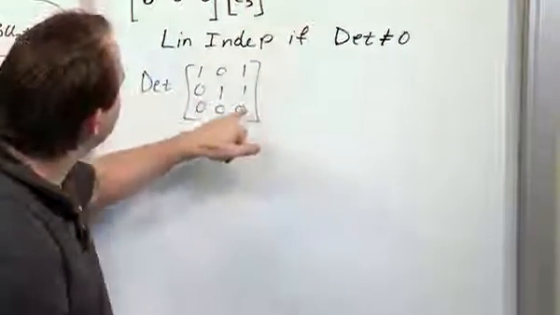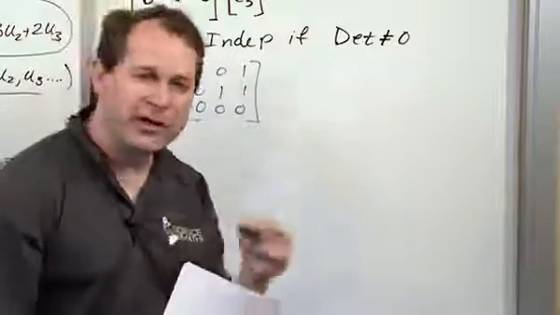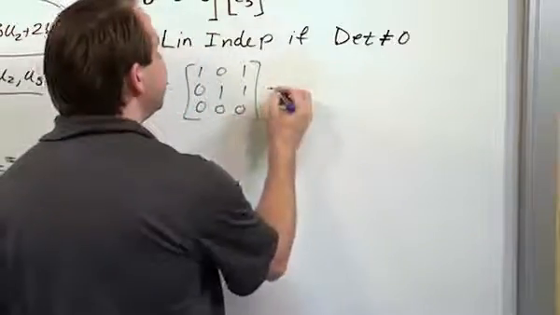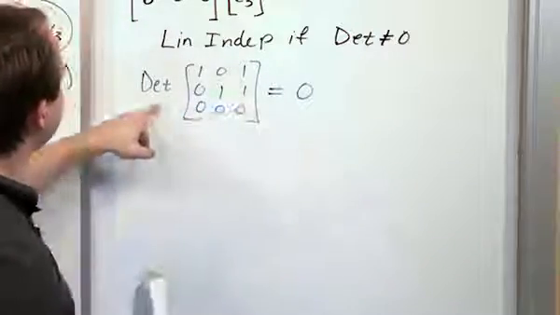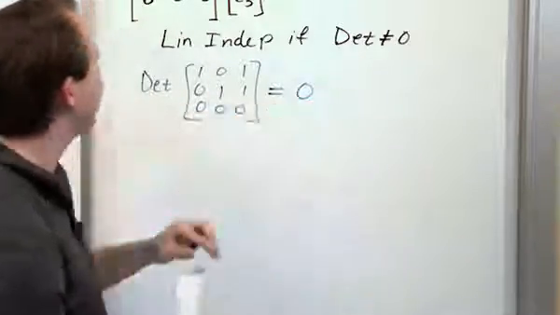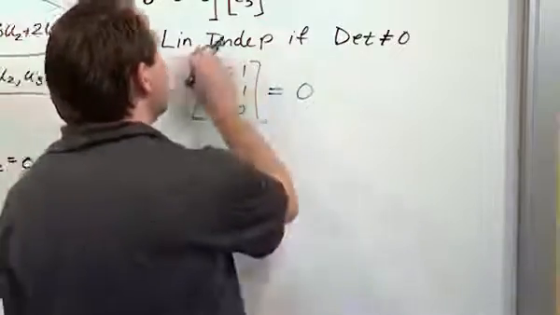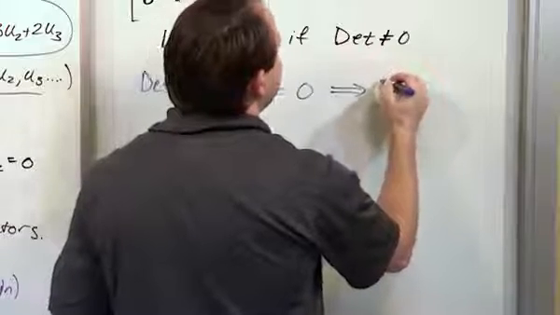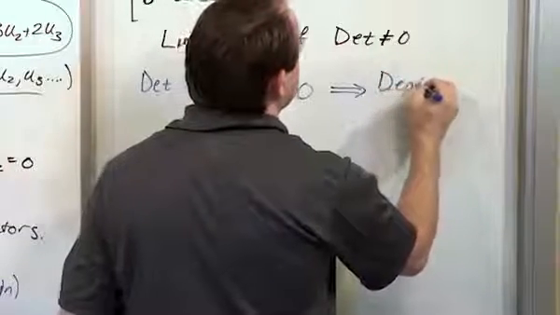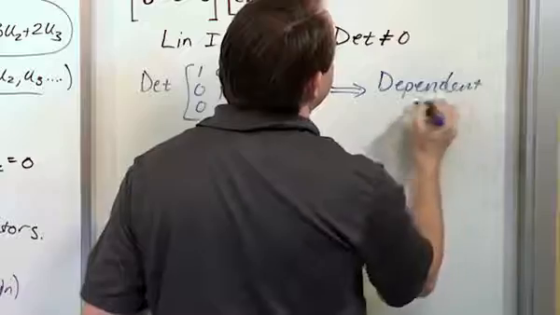We have a row that has all zeros. So we know that because of that, the determinant of this actually is 0. We've talked about the fact that when we do a cofactor expansion about this row, it's going to give us a determinant of 0. So because the test for linear independence is like this, this tells us that this is a dependent set.